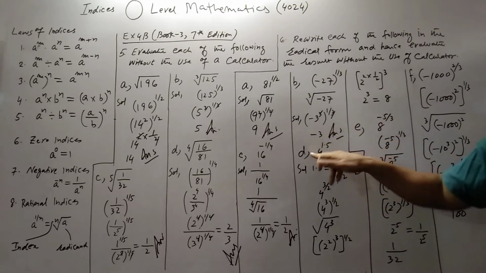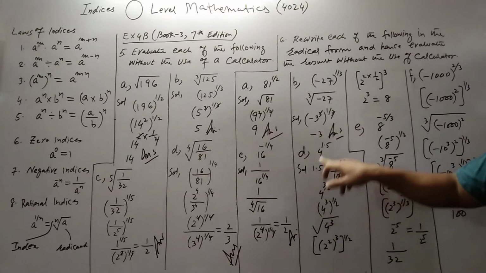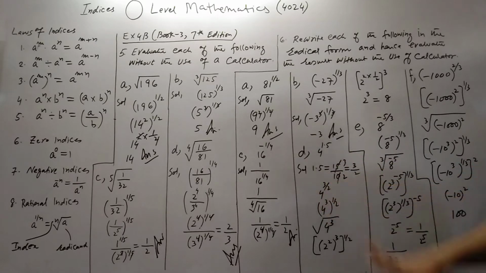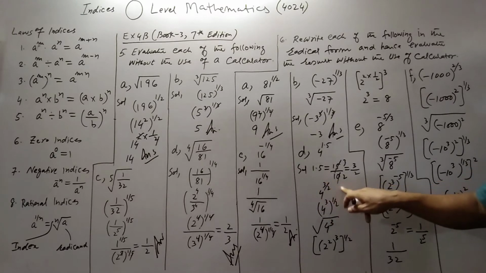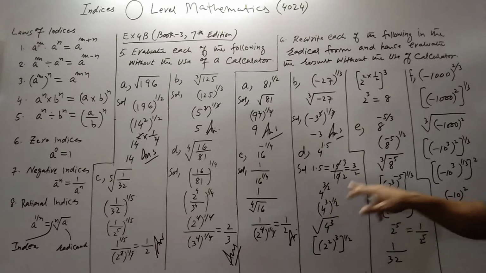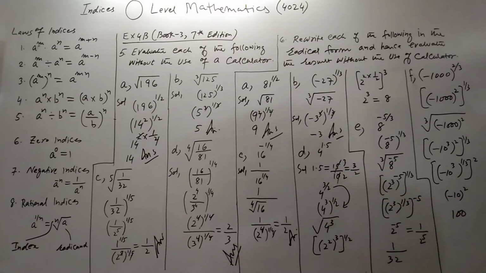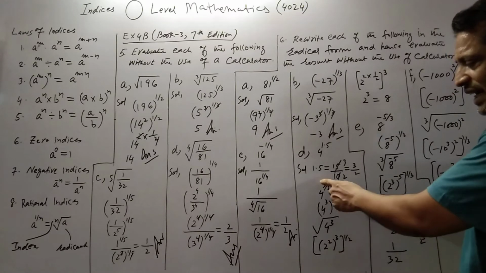Now your question, 4 to the power 1.5, is converted into 4 to the power, what is 1.5? 3 upon 2. So we write 4 to the power 3 upon 2. Now we can write 4 to the power 3 upon 2 as 4 to the power 3 and whole power 1 upon 2. This and this are absolutely the same, because if we multiply 3 into 1 upon 2, we again get 3 upon 2.